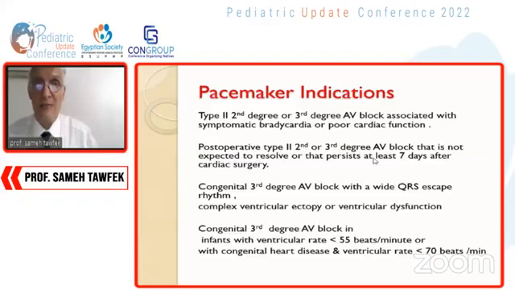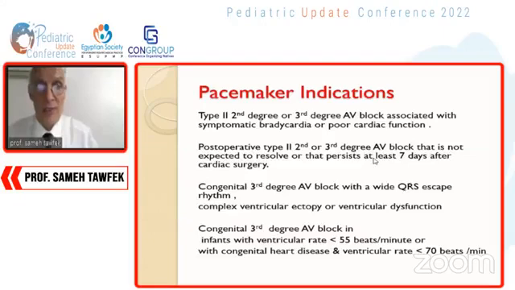Pacemaker indications: type 2 second degree or third degree AV complete heart block with symptomatic bradycardia or poor cardiac function. Also, postoperative type 2 second or third degree AV heart block that is not expected to resolve or is resistant for more than 7 days following cardiac surgery.